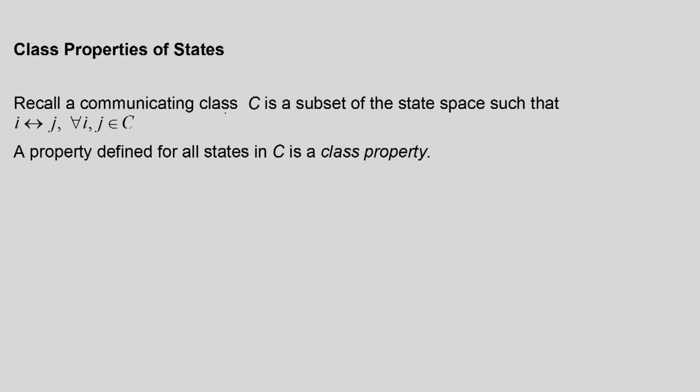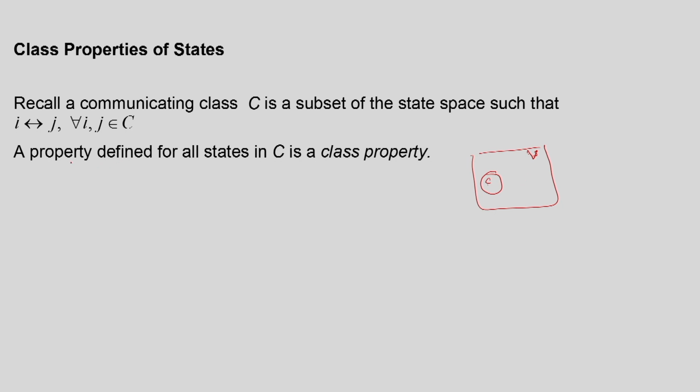Recall, a communicating class C is a subset of the state space such that i communicates with j for all i, j belonging to C. That means, suppose this is the state space, denoted by V, and there is a communicating class C. Within this class all states will communicate, but there is no communication between any element of C and C complement.